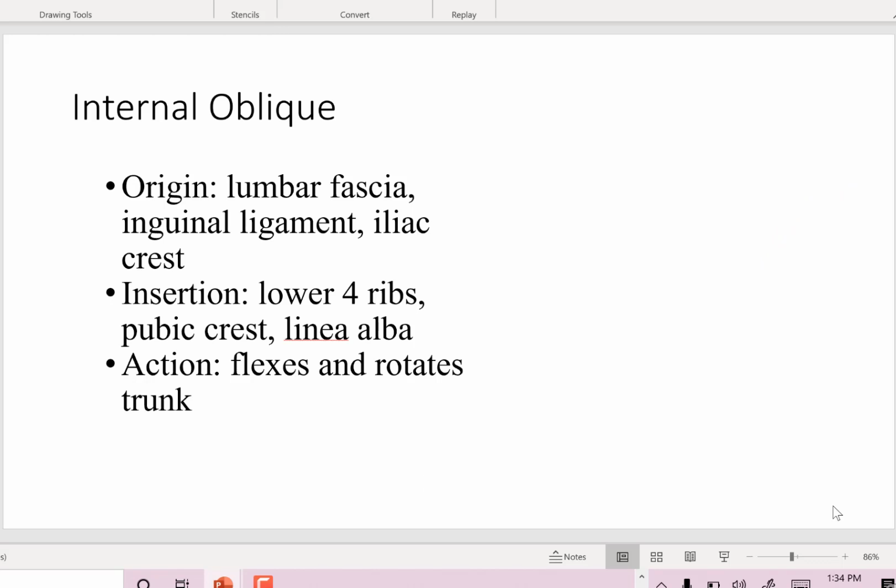Its origin is the lumbar fascia, the inguinal ligament, the iliac crest. Its insertion is the lower 4 ribs, pubic crest, and linea alba. Sorry if I misspoke earlier. Its action is to flex and rotate at the hip. So again, it's going to flex your trunk. You're doing a sit-up, but it also allows you to rotate your trunk.